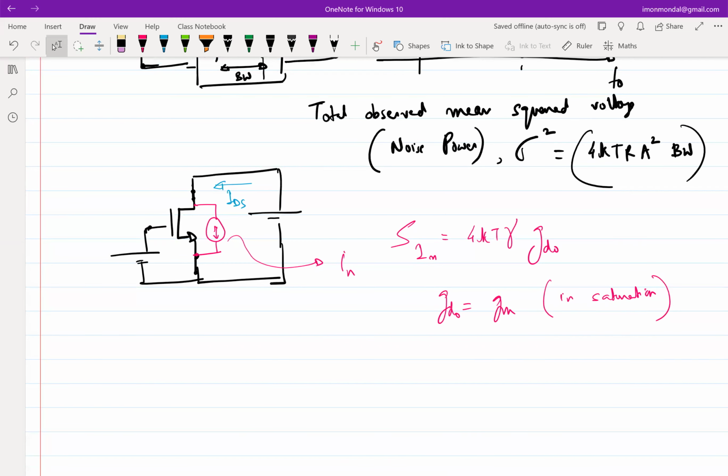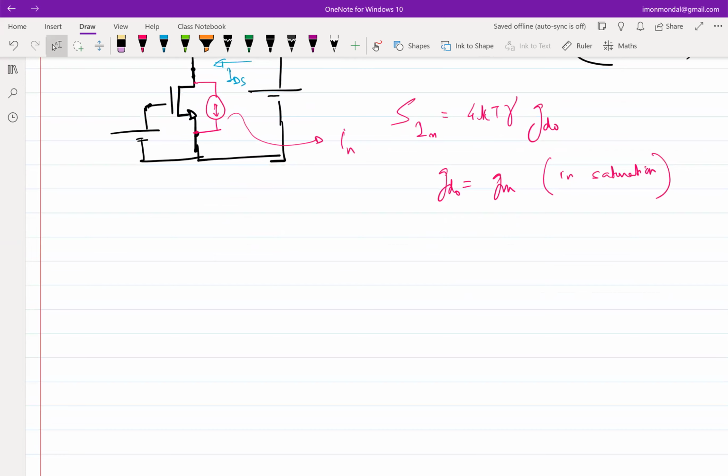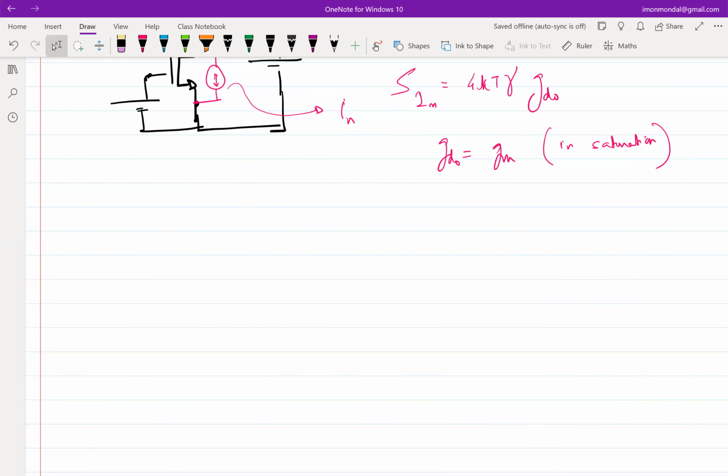Now, as it turns out, in a MOSFET, if you have done 610, did you do layout? No, right? But I should be able to appreciate this anyhow because you know the cross section of a MOSFET.